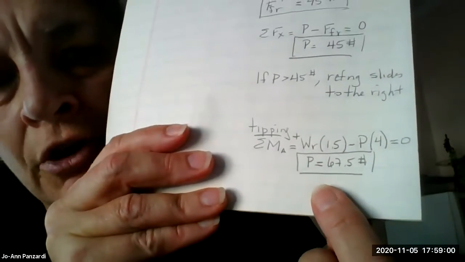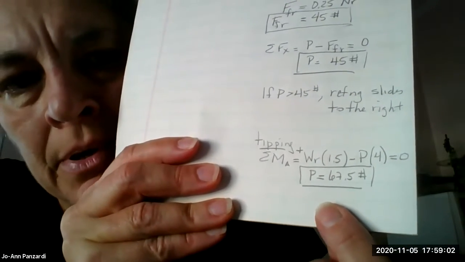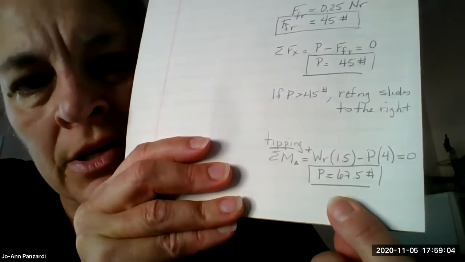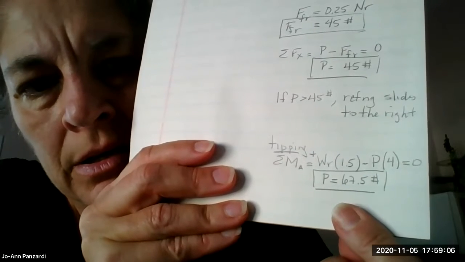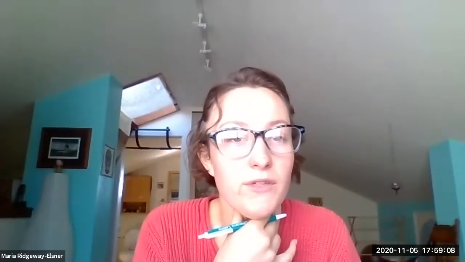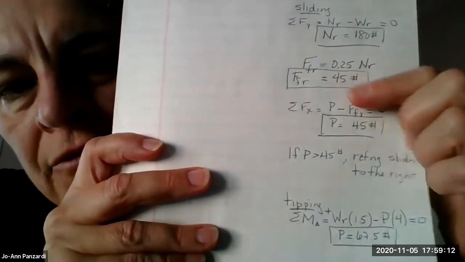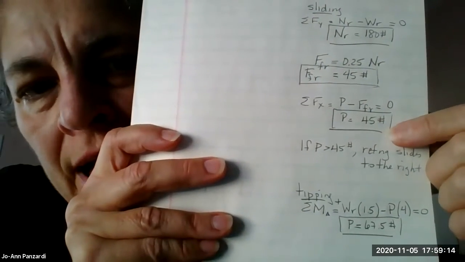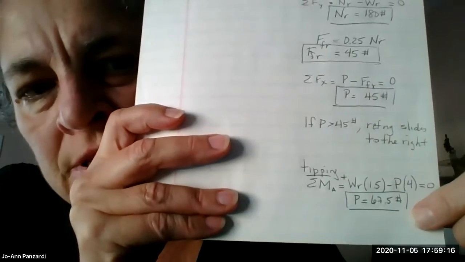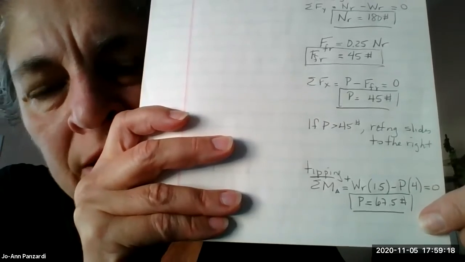So in order for the refrigerator to tip, how much force does P have to be? It has to be greater than 67.5. Right. So now let's compare. If the man pushes at 45, it slides. If he pushes at 67.5, it tips. What's going to happen first? Sliding. Sliding is going to happen first.